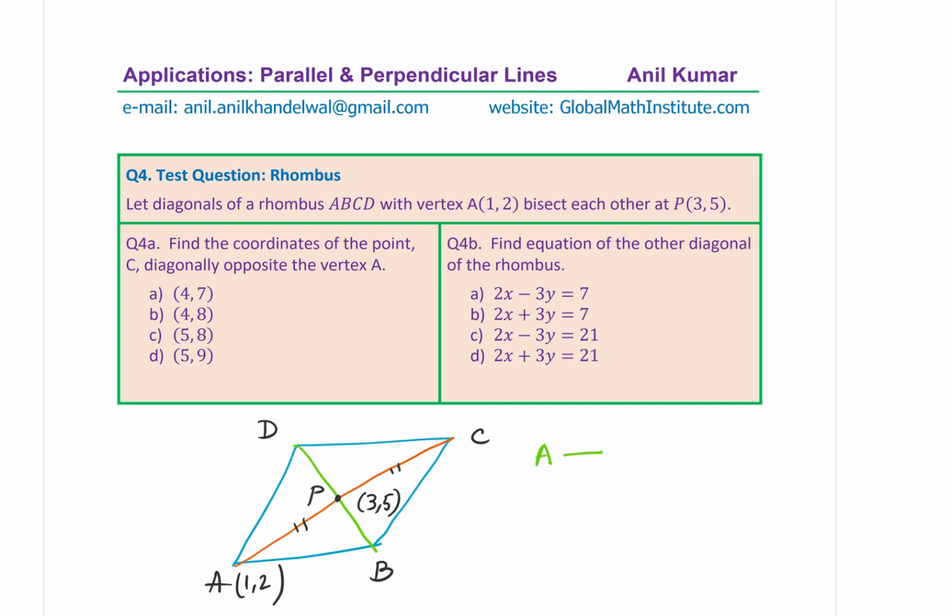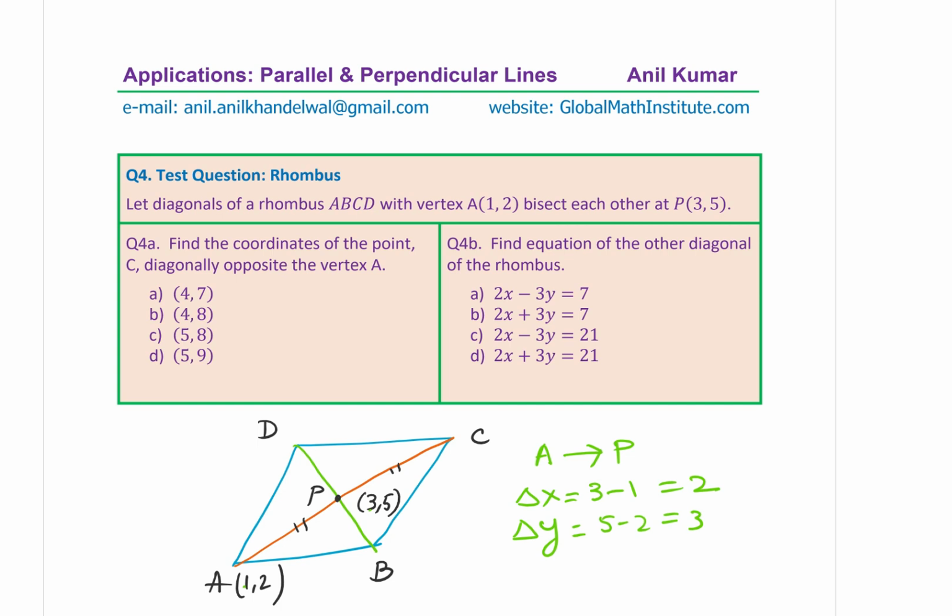From A to P, the change in x value, let me write delta x, is 3 minus 1, which is equal to 2. And the change in y value is what? 5 minus 2, correct? Which is 3.